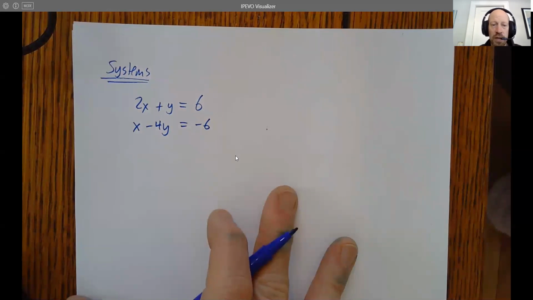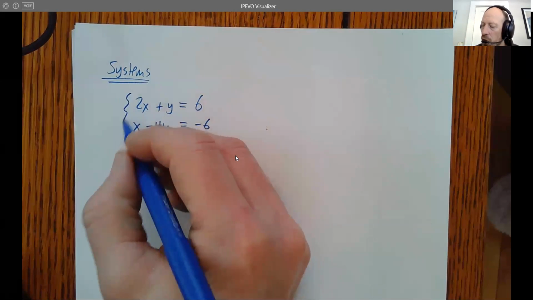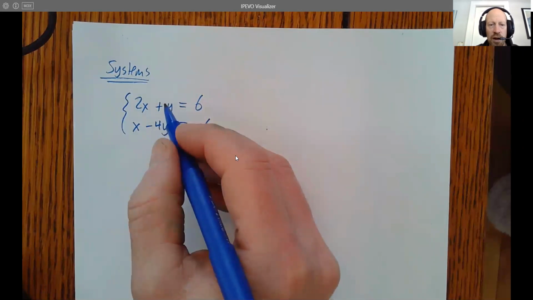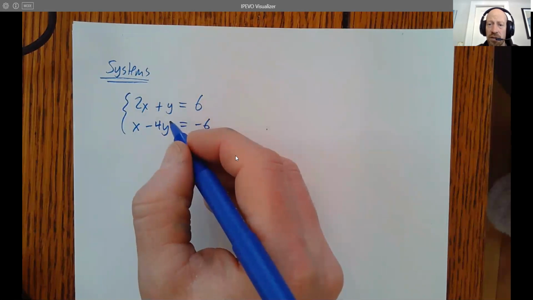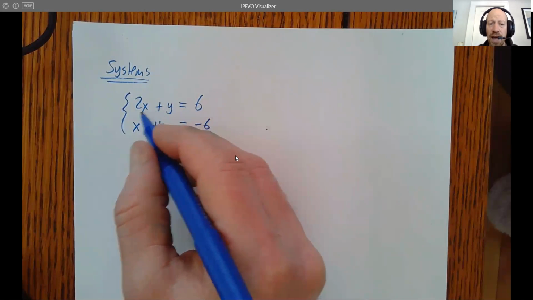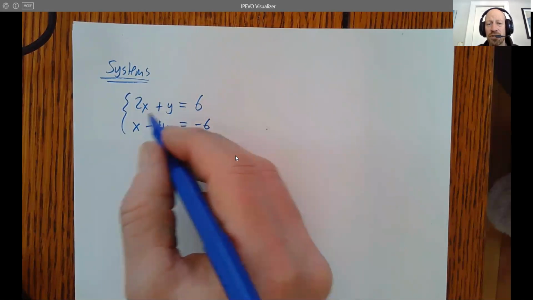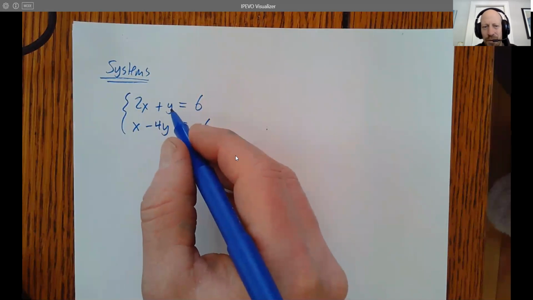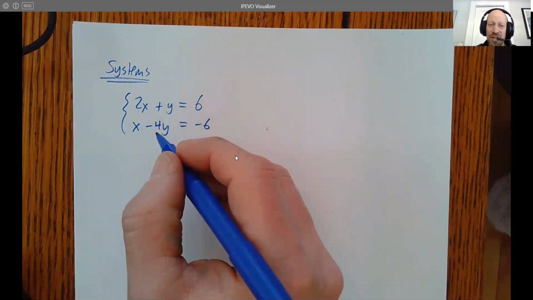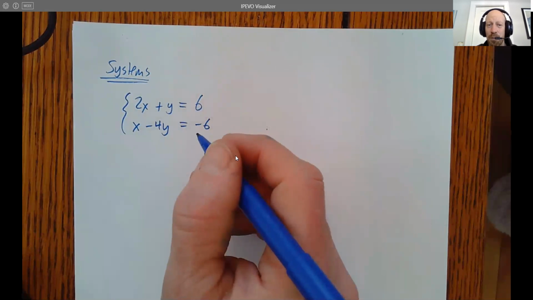Okay. So a system is two equations that are related. So the x and y here mean the same thing for both of these equations. And what we want is a solution, an x and a y, that makes both of the equations true. It's pretty easy to find solutions to one of the equations, but they're not always going to match the other equation, and that's really what we want.